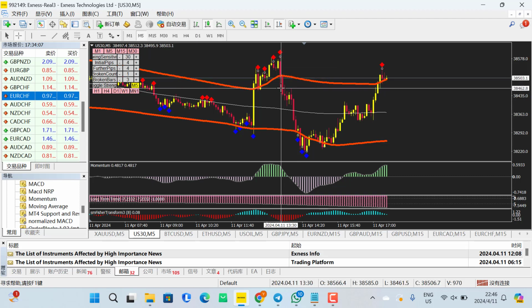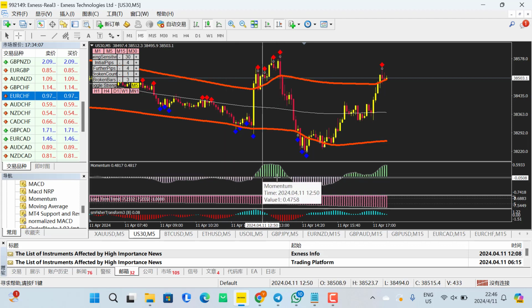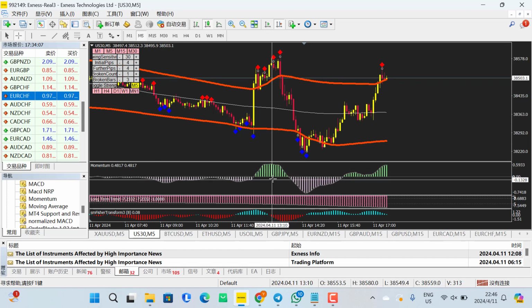The third condition is that this is the momentum indicator and this is its central area, and for the third condition the momentum indicator must not be far away from the central line.